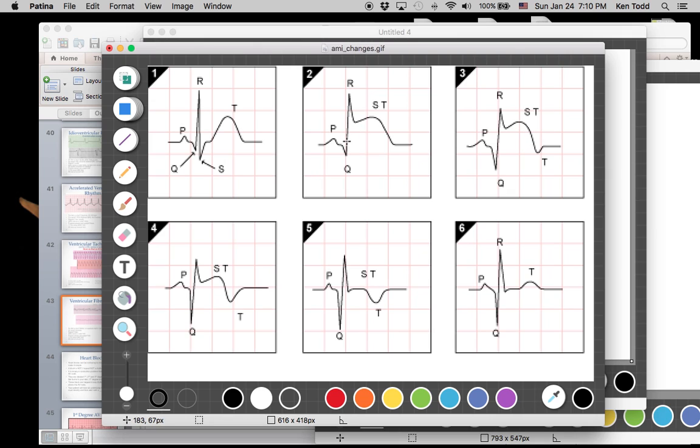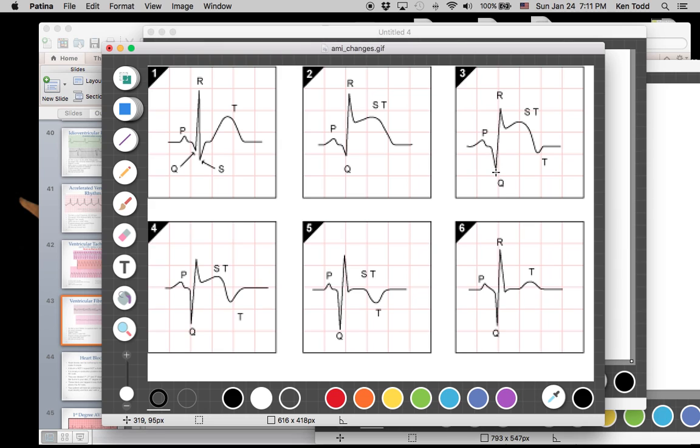They can be as low as 2 to 3 millimeters above the isoelectric line. It can be significant, depending on which leads you're looking in. But just be aware, they're not always this high. That should jump out at you, that this ST segment is way up here. As the MI continues to progress, you will eventually, or can eventually, start to develop a Q wave.